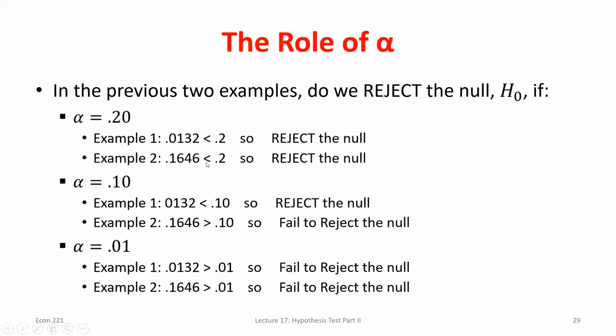Well, here my p-value is less than 0.2, so yes, I can reject the null. With 80% confidence, I could say that the true population mean for back to school spending is not that $606. It's something else. Now, at the 10% level, 10% significance or 90% confidence, my p-value is not less than alpha, right? So I would fail to reject.